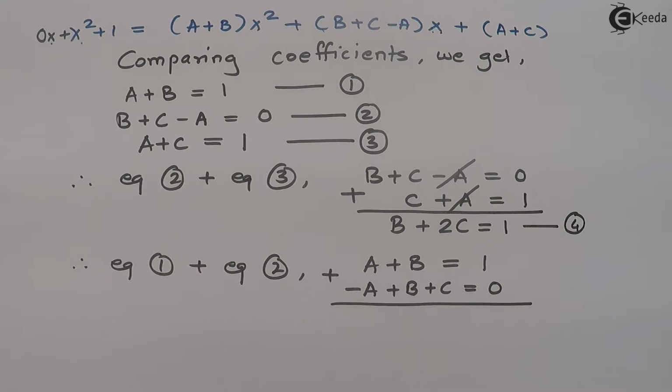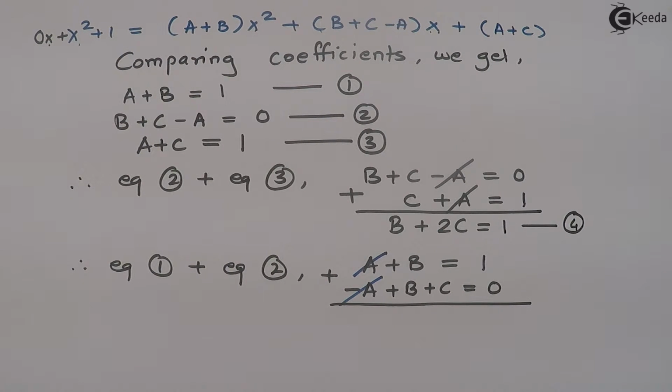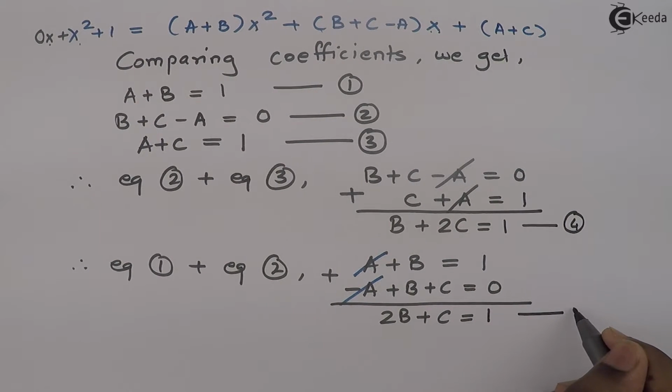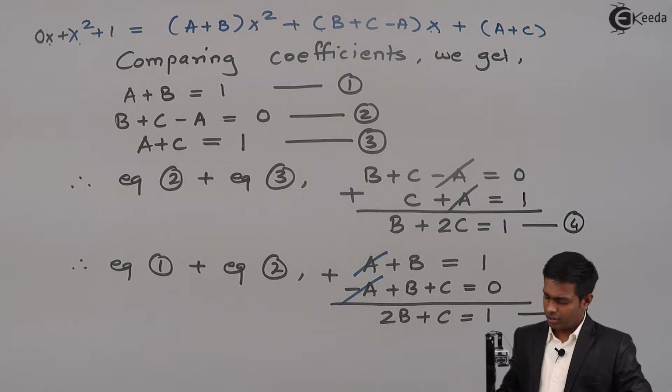So by adding it, we can cancel this a and minus a, and we will get 2b plus c equal to 1. I will say this is equation number 5. And now we got equation number 4 and 5 in terms of b and c.